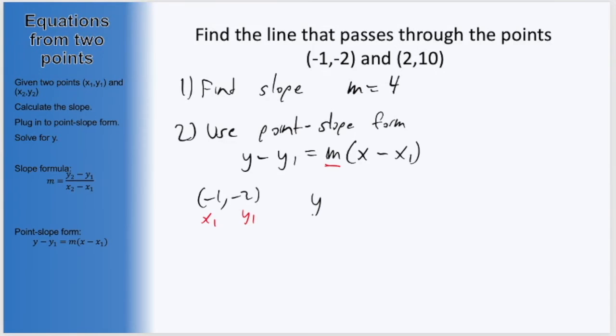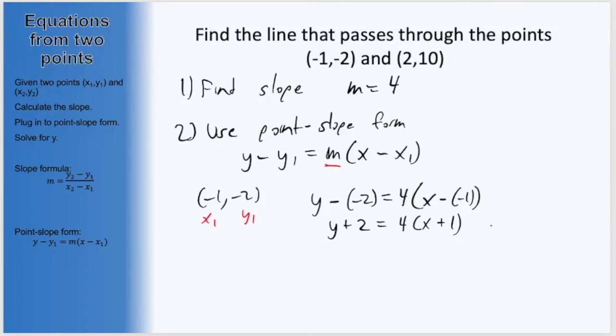Plugging in these values along with the slope will give us an equation that looks like this. y minus y1, which is -2, equals the slope, which was 4, times x minus -1. I'll go ahead and handle all the negatives appropriately, and we get something that looks like this. And this would be the equation of a line that passes through the 2 given points.